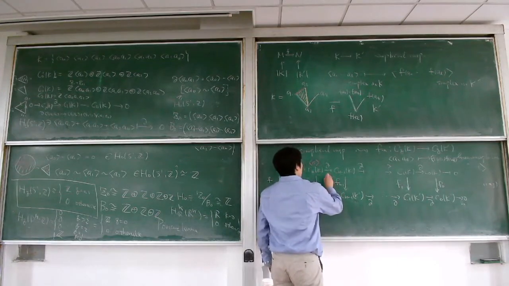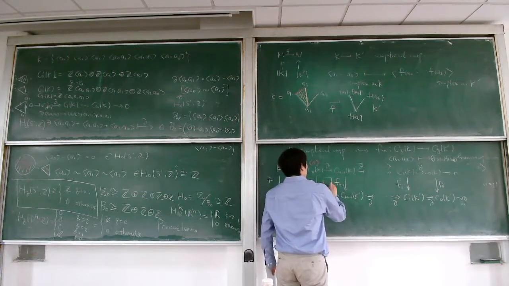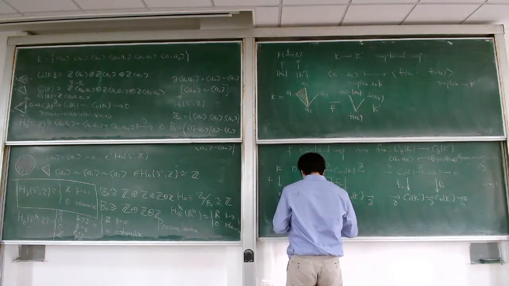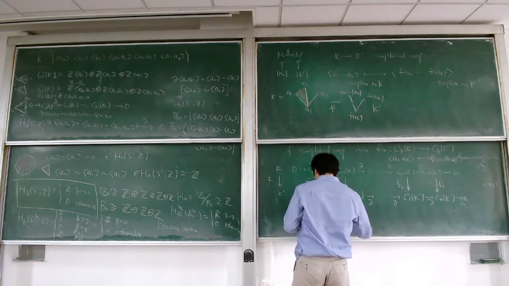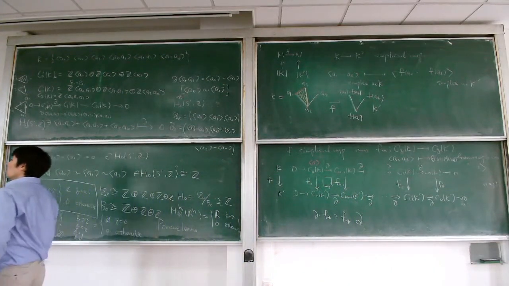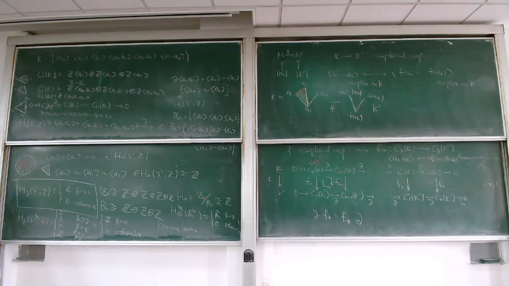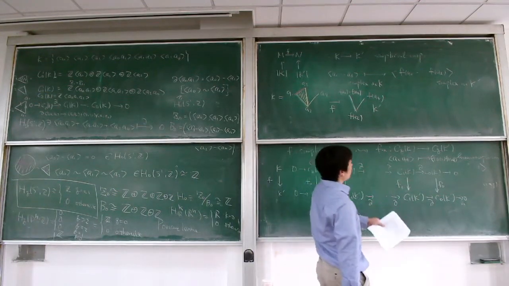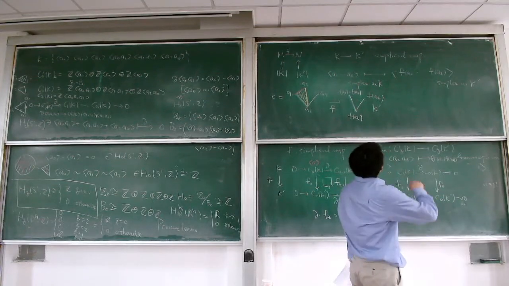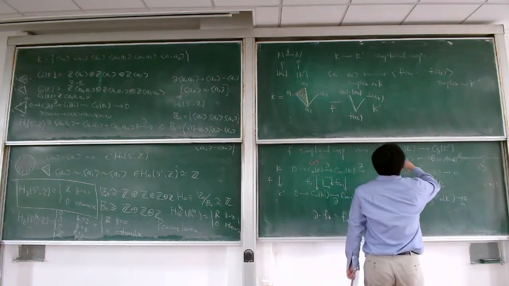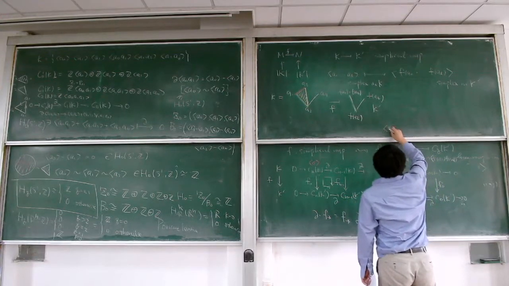So this means this way and this way give the same result, which means that the boundary map composed with F star is equal to F star composed with the boundary map. We can easily show this is the case, by using the property I have already erased. So let's write down the property here.